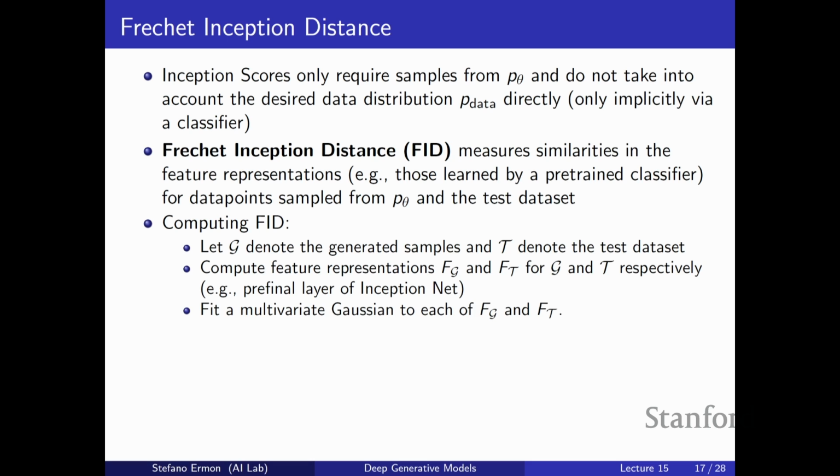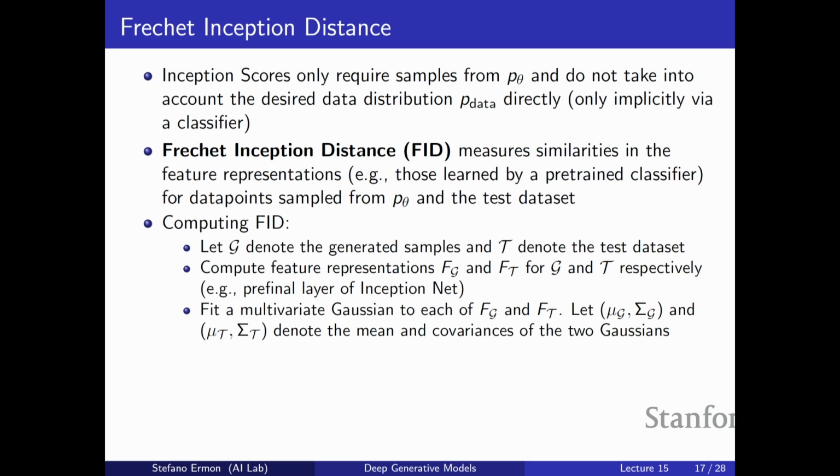What you can try to do is fit a Gaussian to the features that you get from the synthetic samples and the features that you get from the real samples. And you're going to get two different Gaussians, meaning that the Gaussians will have different means and different variances. And the closer these two Gaussians are, the higher the quality of the samples, essentially.